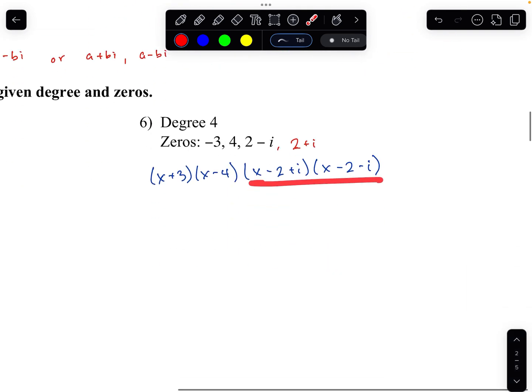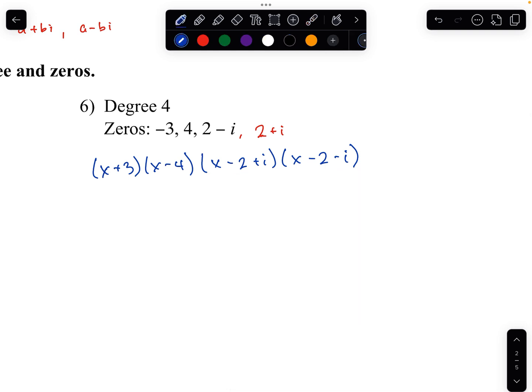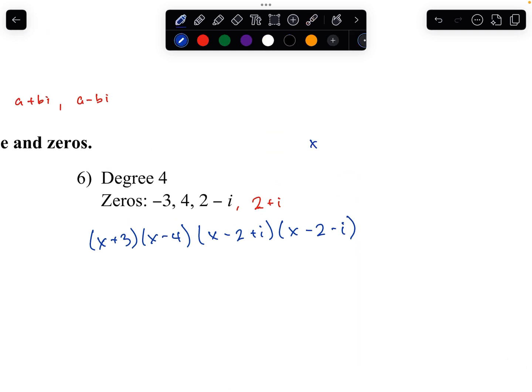Okay, so the way I look at it is, let's say that you have x is equal to 2 minus i. Well, the reason why you have x is equal to 2 minus i is because you solved for x. So x is equal to 2 minus i. What if I move these terms back over to the x?